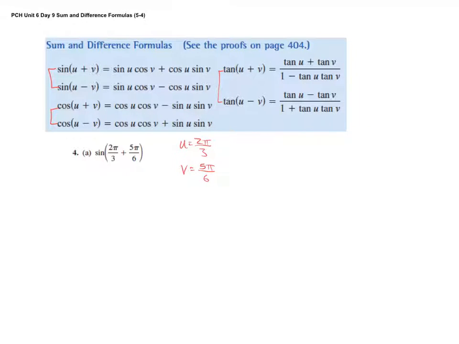So, using our formula that we have up here, we're going to do the sine of 2 pi over 3 times the cosine of 5 pi over 6 plus the cosine of 2 pi over 3 times the sine of 5 pi over 6.